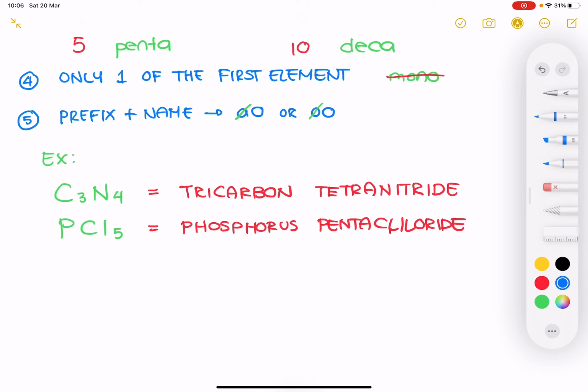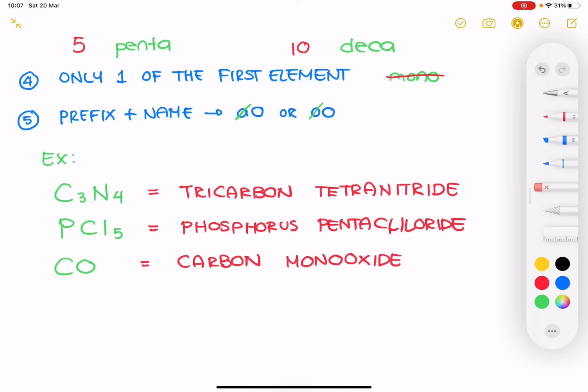Suppose I have CO. I have 1 carbon. I don't need to say mono. I'd say carbon. And I also have 1 oxygen, oxide.